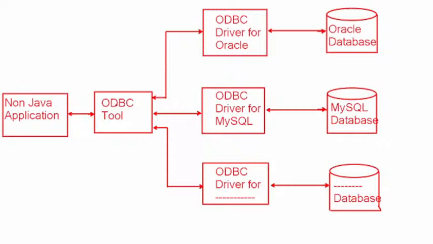In this ODBC tool, a list of drivers is available. They selected a driver. If they want to connect to Oracle, they selected this driver. If they want to connect to MySQL, they selected this driver. If they want to connect to DB2, they selected this driver. Like that, they connected.